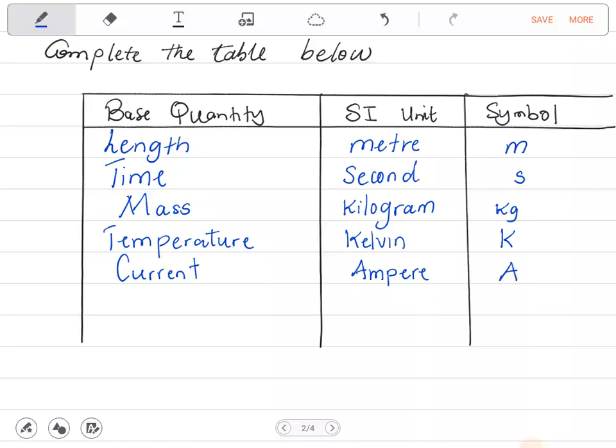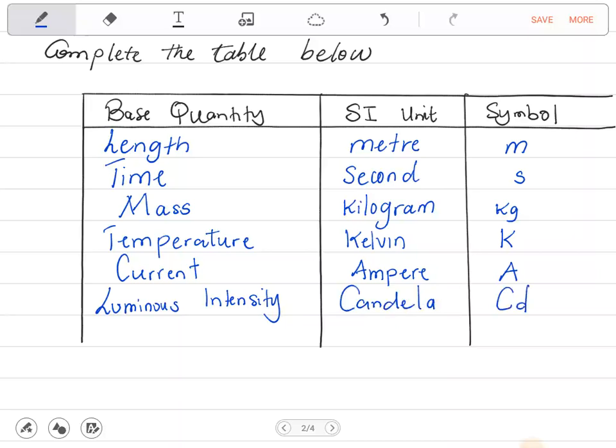Next is the luminous intensity. The SI unit is candela, which is symbolized as capital C, then D, cd.